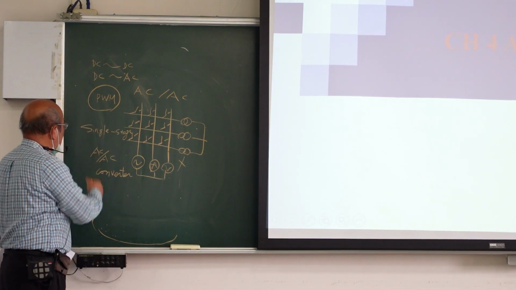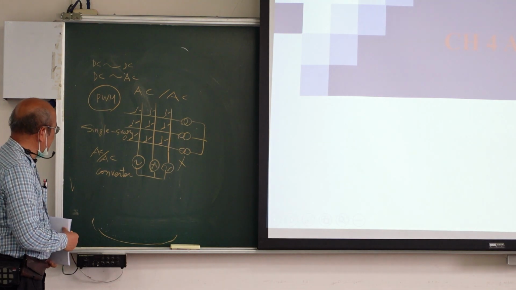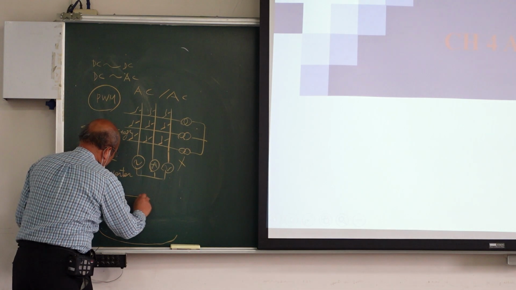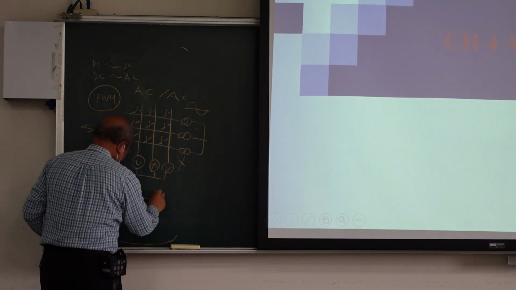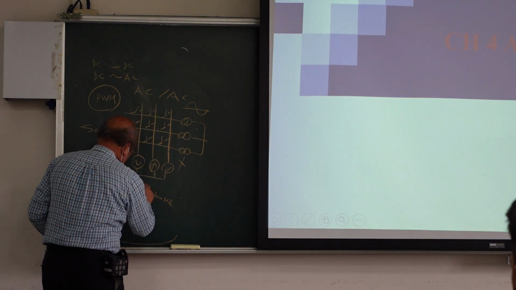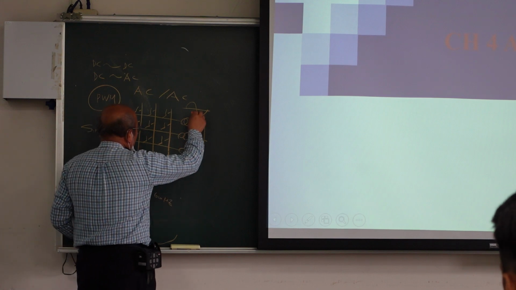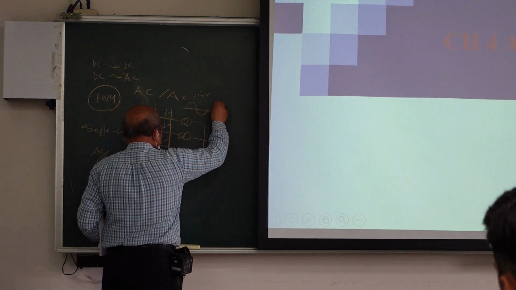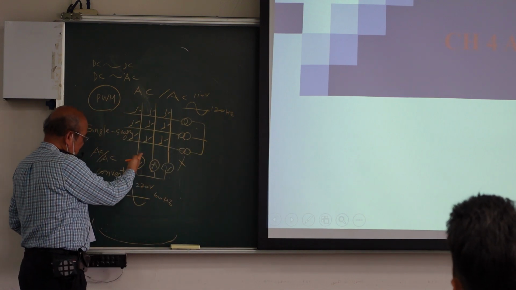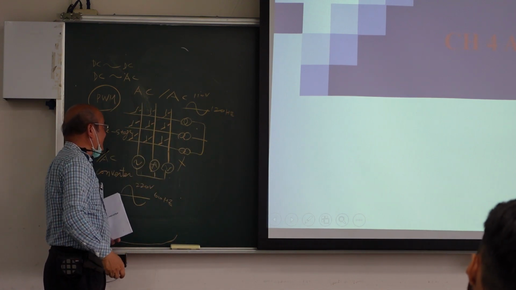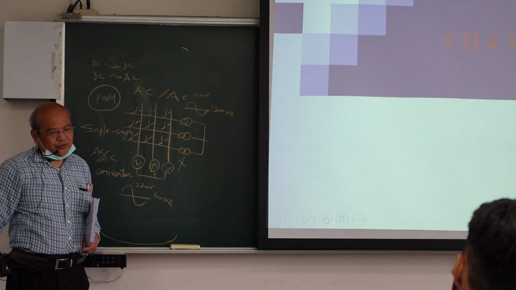So this is the challenge, because the input is sinusoidal and the output is not sinusoidal. This is 60 Hertz, 220 volt. This could be 110 volt, but 120 Hertz. So this is time variant. This is time variant. How about the switch?